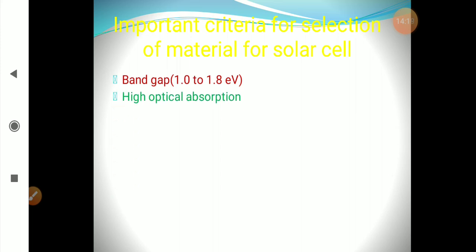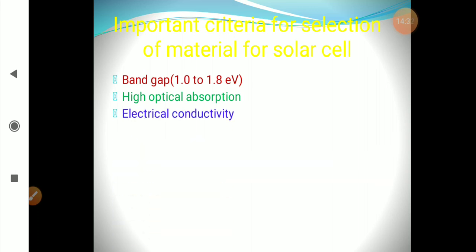Now, important considerations for selecting the material of a solar cell. The band gap should be from 1.0 to 1.8 electron volt. The material should have high optical absorption. That means it should absorb maximum solar energy which falls on it.